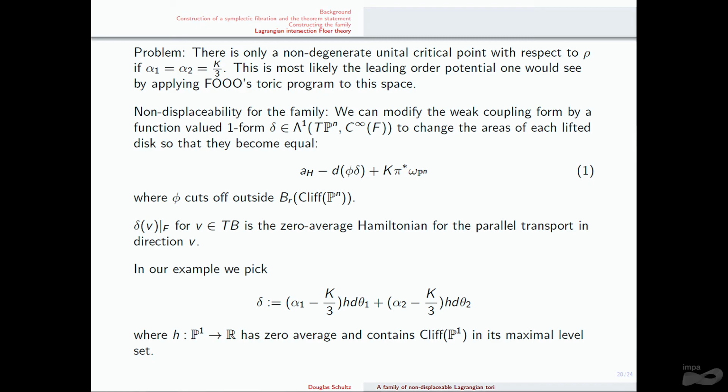I'm trying to think. So it's like deforming this back to the... Yeah. Okay.